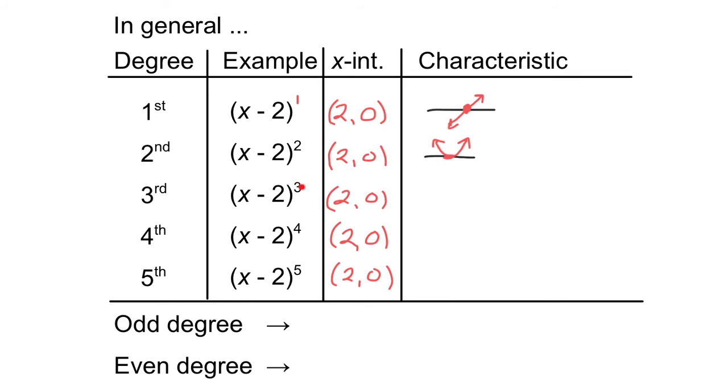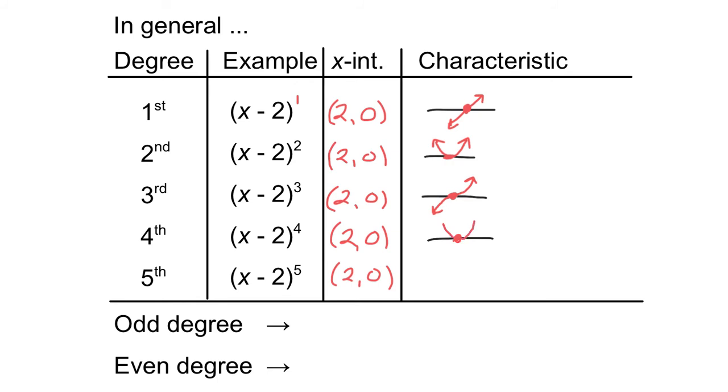Now, if you have an exponent of 3 on your factor in the equation, then at your x-intercept, you're going to come in from opposite directions, but you're going to twist a little bit on the x-intercept. And then we start to repeat. So now we have x minus 2 as the factor with an exponent of 4. So when we look at the graph, our x-intercept's in the same spot.